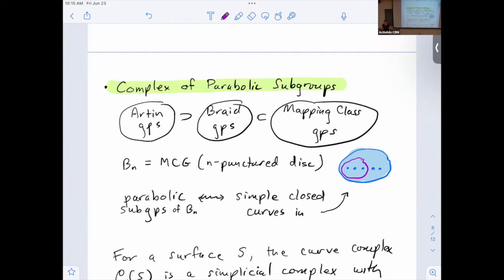It's the identity outside that. So, for example, I can interchange the first two punctures. I can interchange the second two punctures. This is going to be the parabolic subgroup generated by S1 and S2, by the first two generators. And one can show that there's a one-to-one correspondence between simple closed curves and parabolic subgroups.